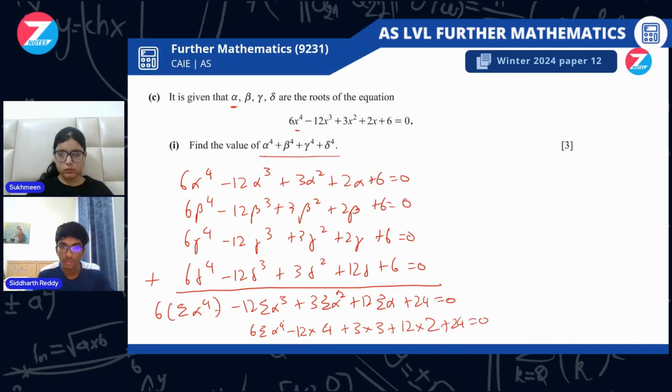So when we get that and solve for this, I'll note it x for now: 6 times x minus 12 times 4 plus 3 times 3 plus 12 times 2 plus 24. I'll just put that in my calculator. 6x minus 48 plus 9 plus 24 plus 24 is equal to 0.